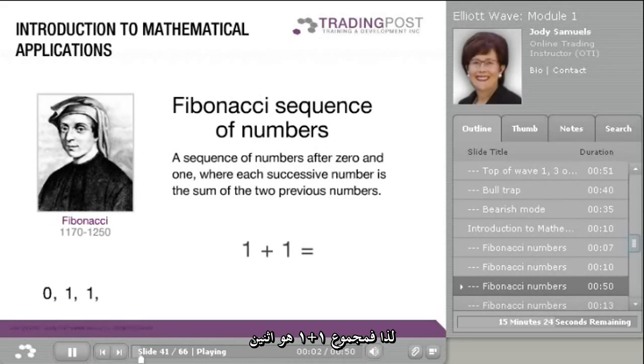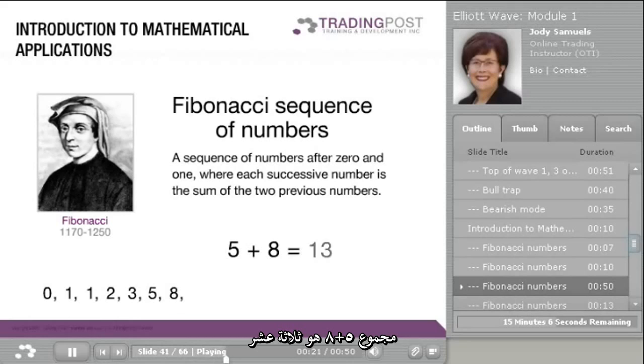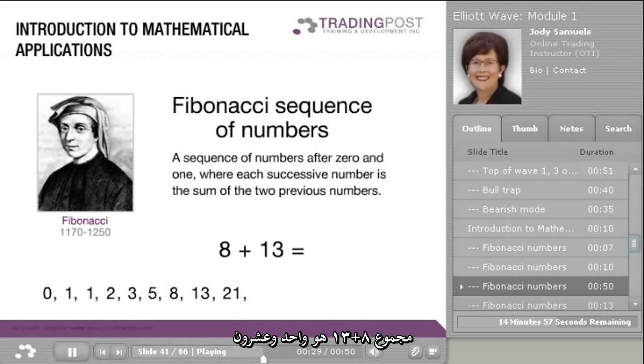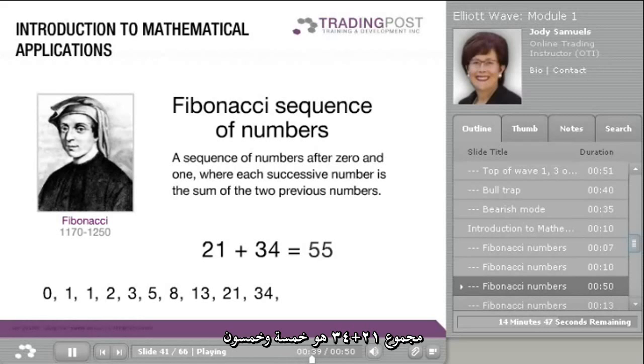Therefore, 1 plus 1 is 2. 1 plus 2 is 3. 2 plus 3 is 5. 3 plus 5 is 8. 5 plus 8 is 13. 8 plus 13 is 21. 13 plus 21 is 34. 21 plus 34 equals 55.